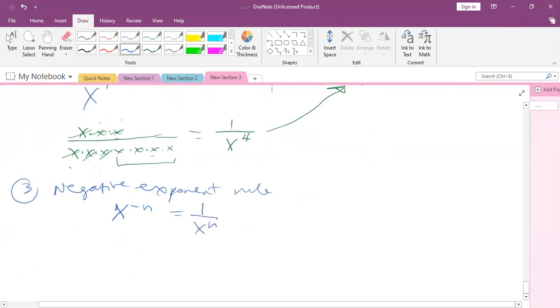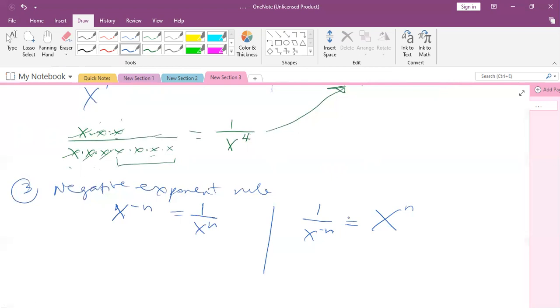Then the exponent now becomes positive. Or let's do the other way around. If I have 1 over x to the power negative n, since the base is in the denominator, the reciprocal of that would be just x over 1, which is x. And then once I do that, the exponent becomes positive. So if it's in the denominator, you bring it to the numerator, and the exponent becomes positive. If it's in the numerator, take it to the denominator, and then the exponent becomes positive.